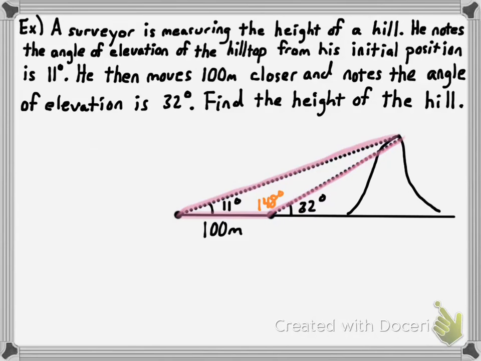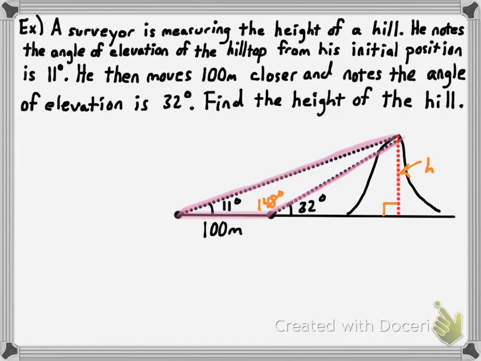Well, how is this going to help him find the height of the hill? I need to draw on the height of the hill. The height of the hill would, of course, be this vertical distance right here. I've got a right angle there and everything. H is what we're trying to find.